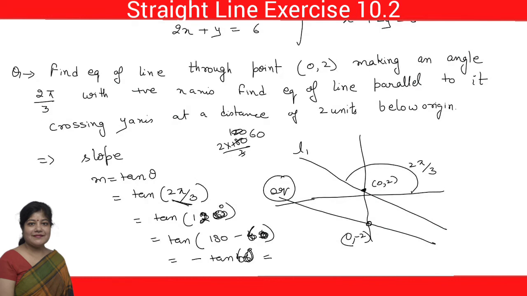Tan 60 is what? Root 3. Now this is the slope, and it passes through (0, 2).